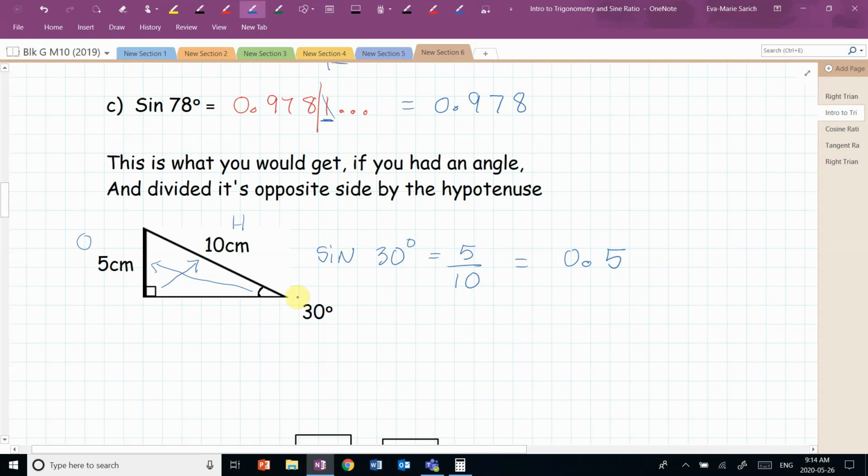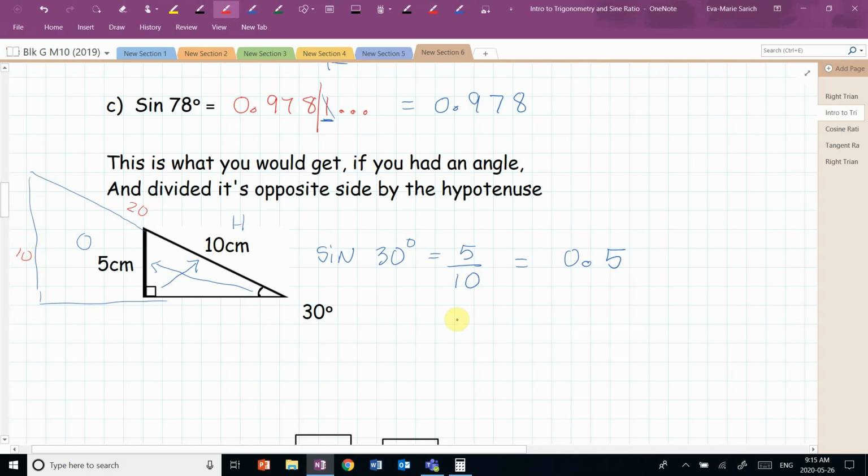You could have a different size triangle. You keep this 30 degrees, but you extend the triangle. So if I were to make this twice as long, keep that 30 degrees, this would now become 20, and this would become 10.